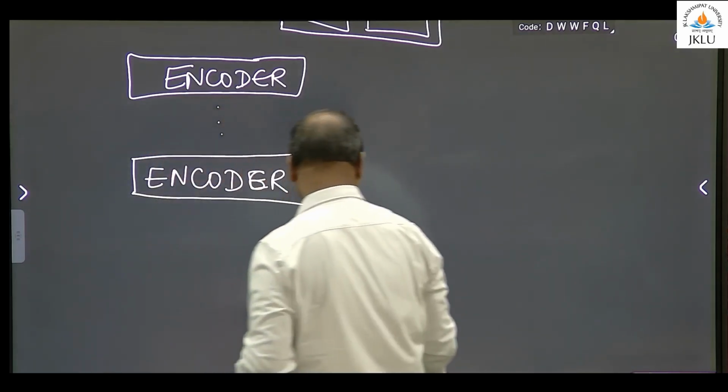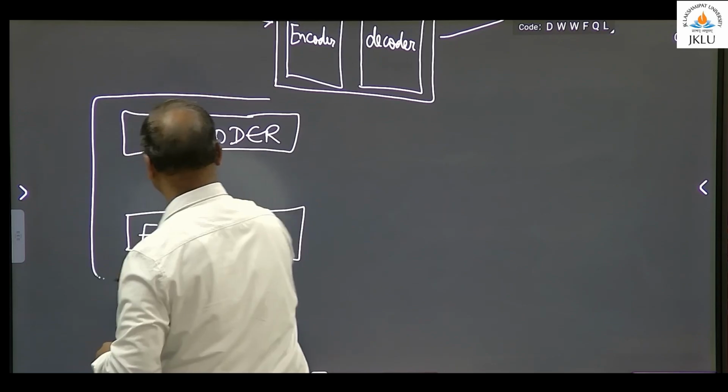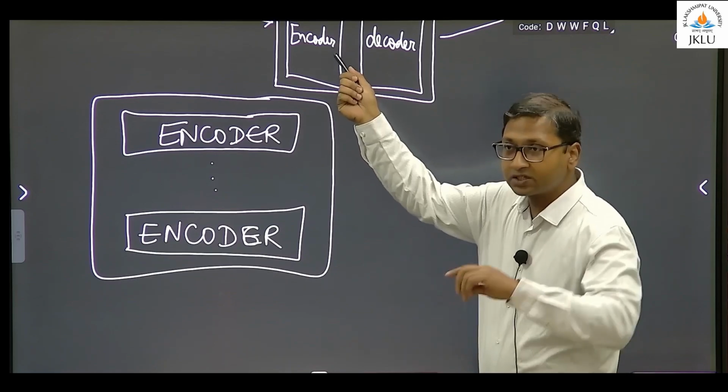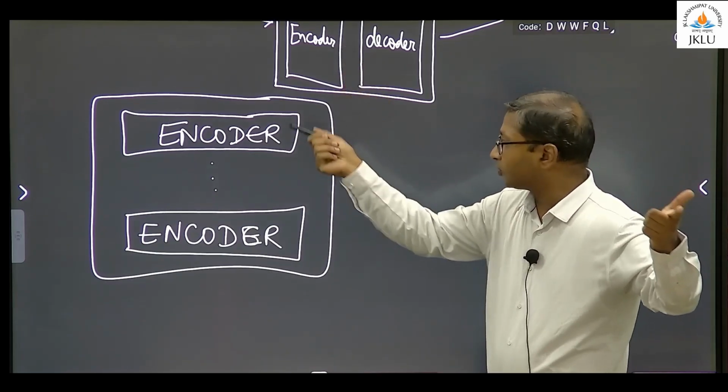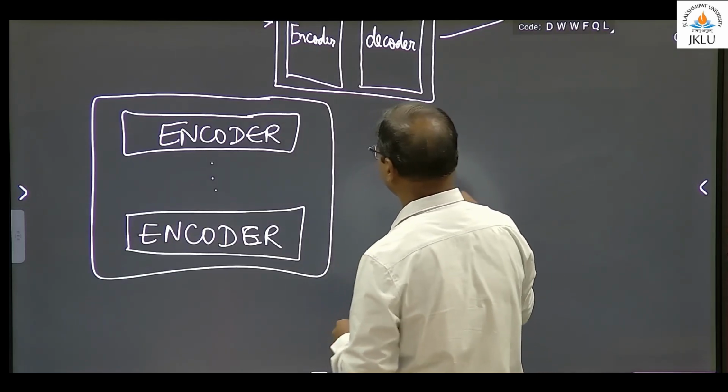Right, you have this thing 6 times. I am overloading the name encoder because we are calling this block of 6 encoders also encoder, and similarly for the decoder. Okay.